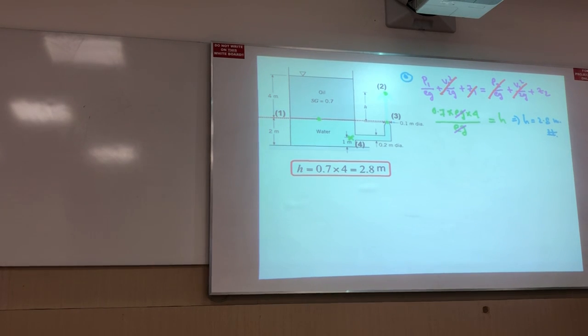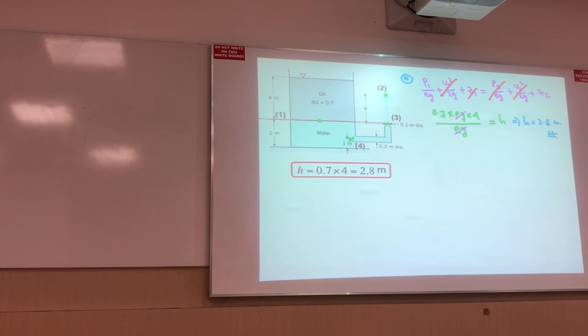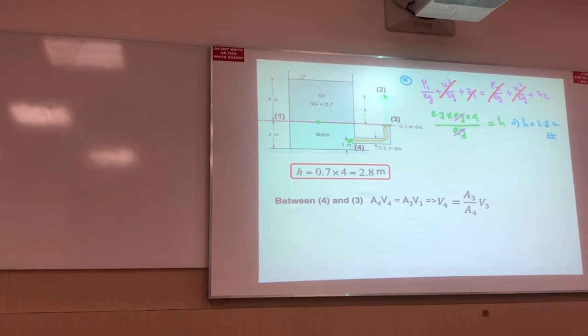You have to think how. I know V3 I do not know, V4 I do not know, right? But I know the relationship between V3 and V4. Between 3 and 4, because I'll show you here, this is 4, this is 3.